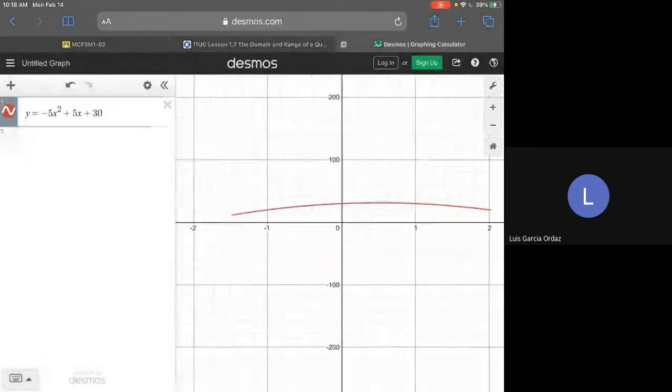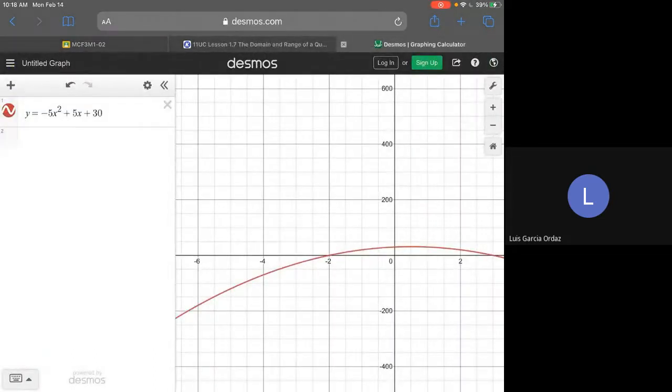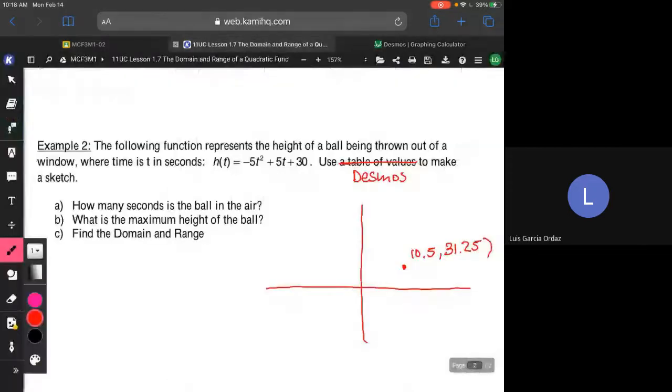Now the other important thing to figure out are my x-intercepts. We have one at 3 and 0, and the other one at -2 and 0. So now I can draw my graph. Okay, so this is my vertex.